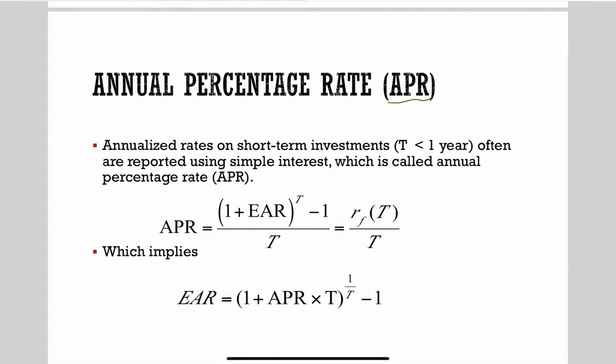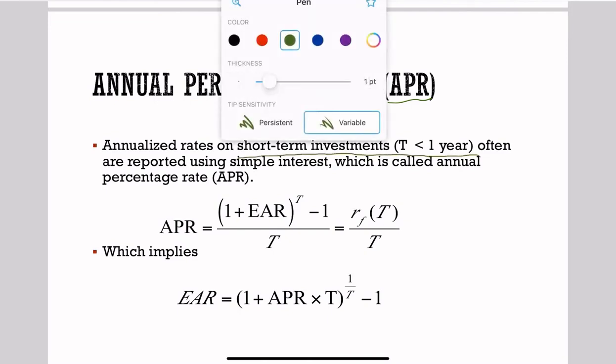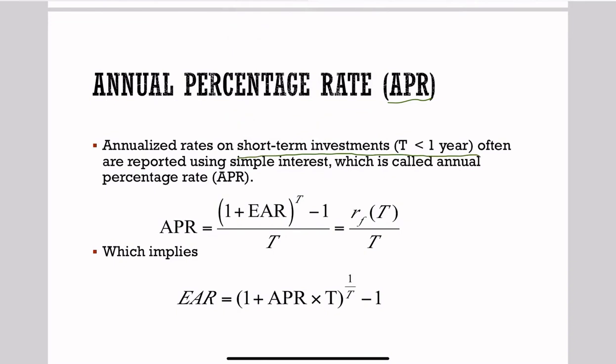So what is APR? APR is essentially the rate which is calculated as a simple interest rate. APR is generally used for short-term investments, that is, investments with a time horizon smaller than 1 year.